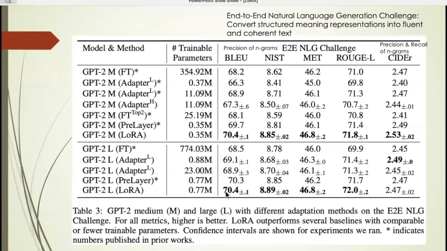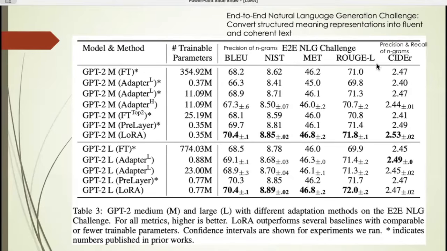So that's the encoder approach, and then they also tested on the decoders, which are GPT type of models. And again, they evaluated on the end-to-end natural language generation challenges. This challenge is mainly to convert structured data into a fluent text output.